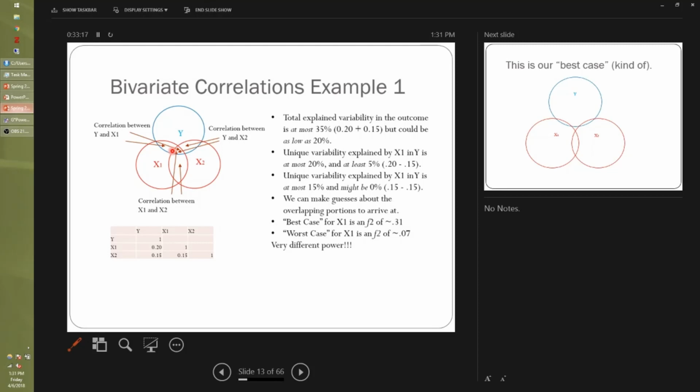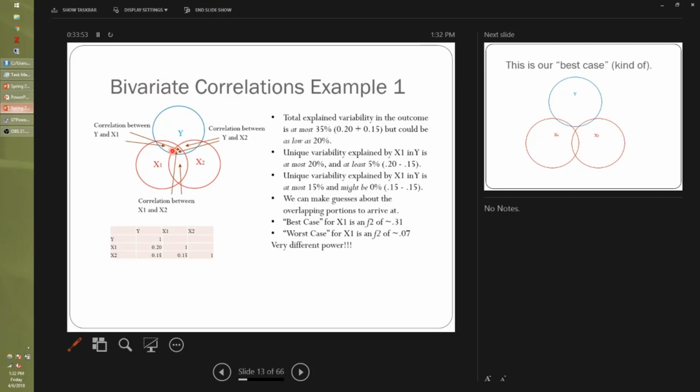Sorry, why is the lowest amount 20% and not 15%? Because if you're using both X1 and X2 to explain Y, you know that 20% is definitely going to be explained. That treatment effect, at minimum, explains 20% of the variability. You take the highest of any of them because if you're imagining a proportion, 0 to 1, or 0 to 100, 20% is definitely explained because that X1, that treatment effect, explains 20%.